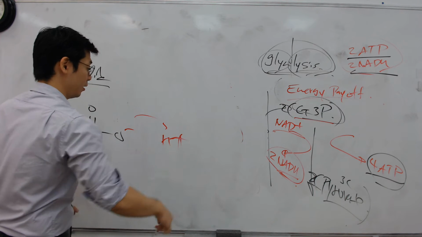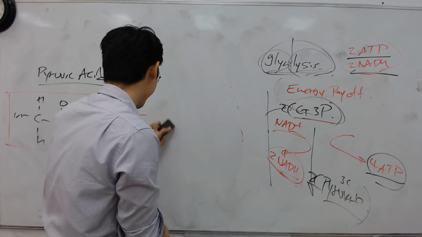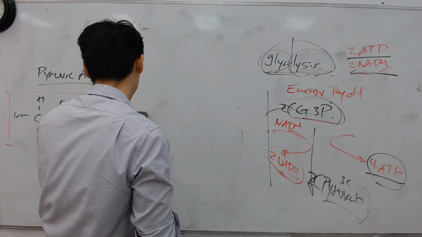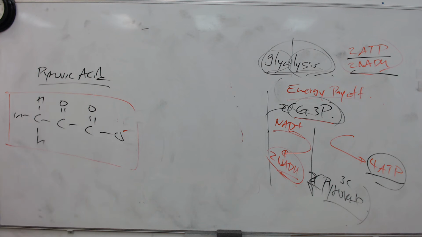It's an acid. When the H is there, that's pyruvic acid. Either is fine; you can say pyruvic acid or pyruvate. It's a weak acid, so the question is how much H plus has dissociated.